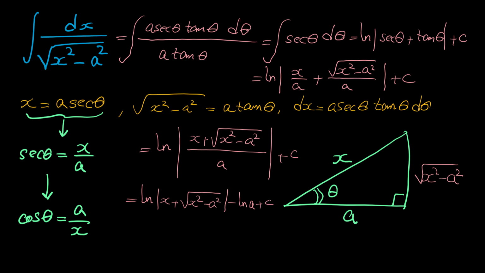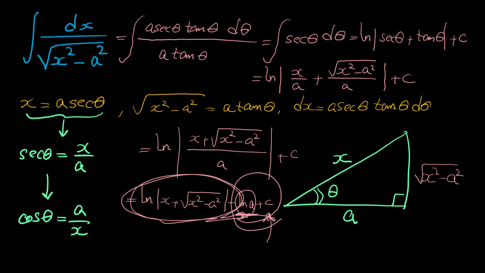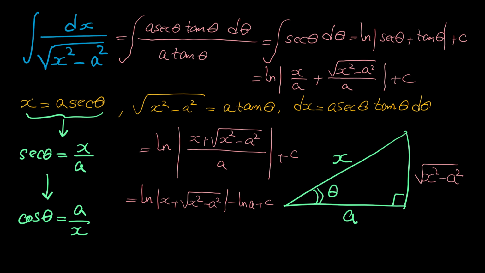Now please pay attention. What is this c here? A constant. What is ln of a? a is a number. ln of a is also a number, a constant. It's not a variable because it has no x. This is variable, it has x, but this is constant. You can combine this constant with c. So we add this constant to c and we name it a new constant.